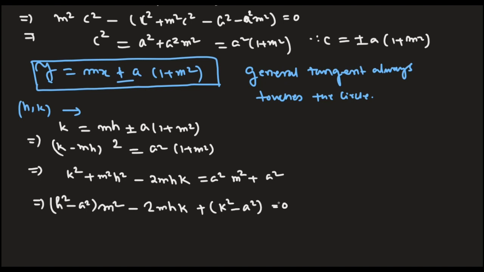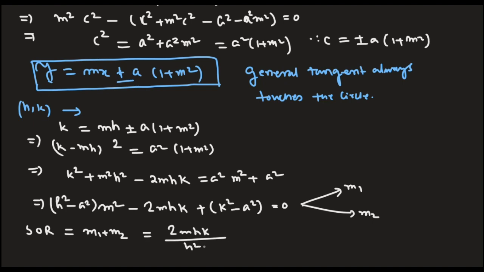So this is a quadratic in m, which will give the two values of m. One I am calling m1, the other value I am calling m2. Now we can find the sum of the roots. The sum of the roots m1 plus m2 is equal to 2hk divided by h square minus a square.